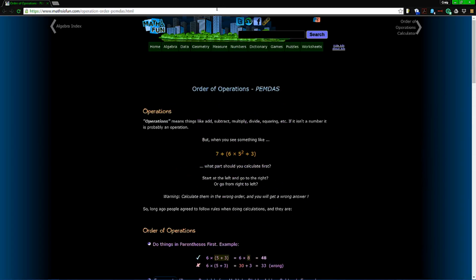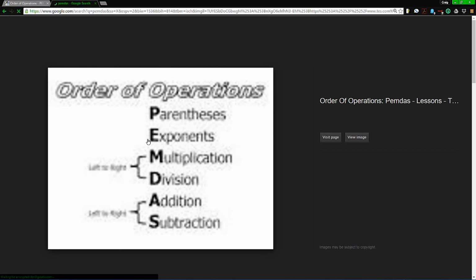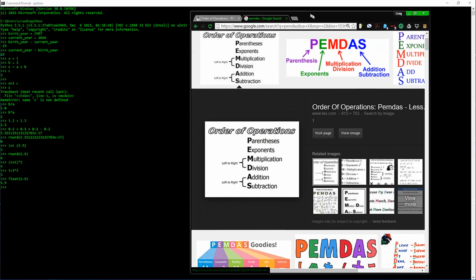But basically, the thing to note is it uses the parentheses, exponents, multiplication, division. Then it goes into addition and subtraction, and it goes from left to right. So anything in parentheses, it will do first.